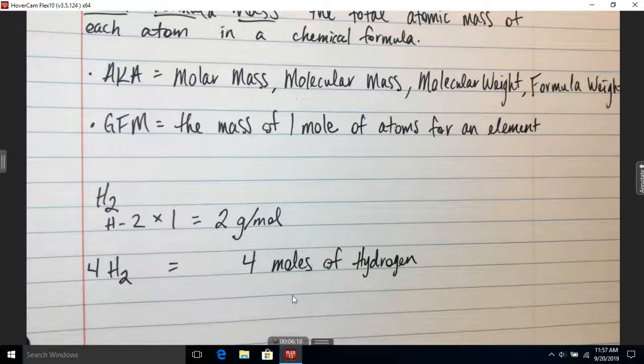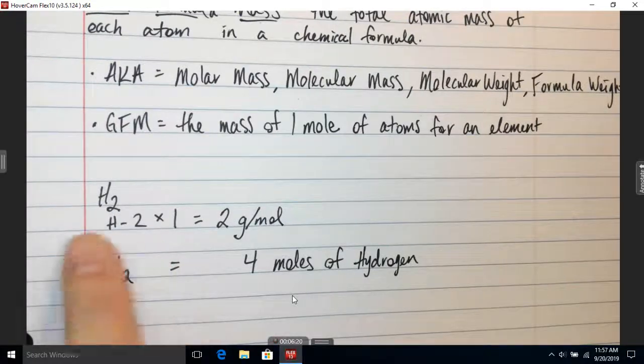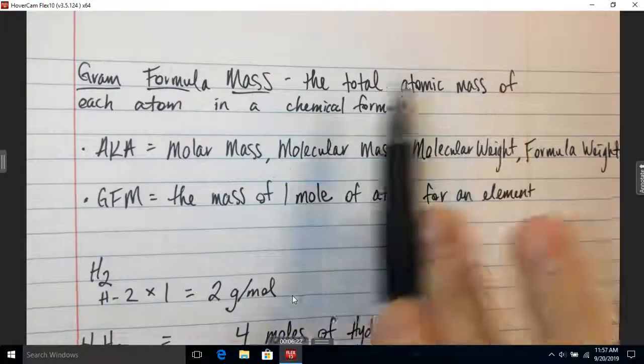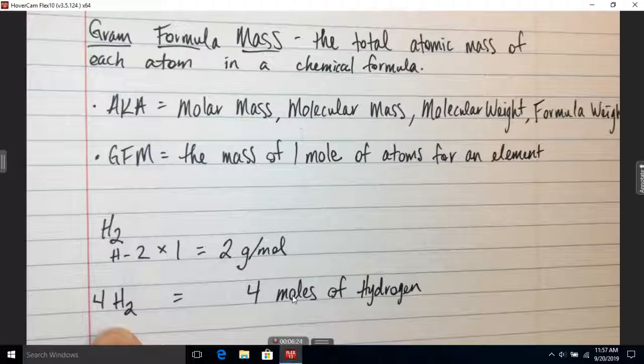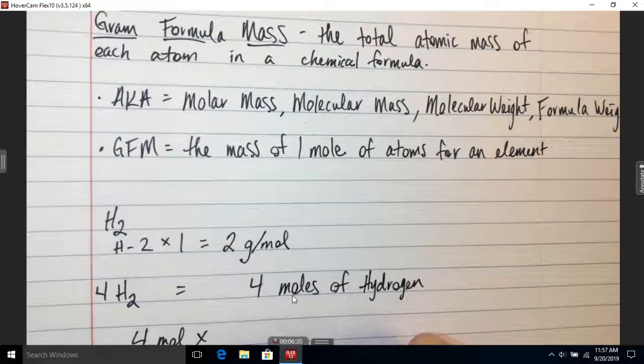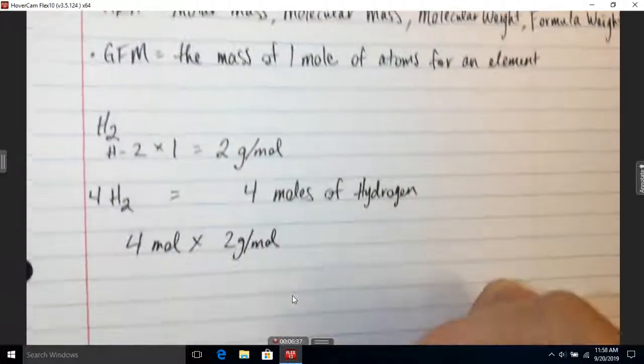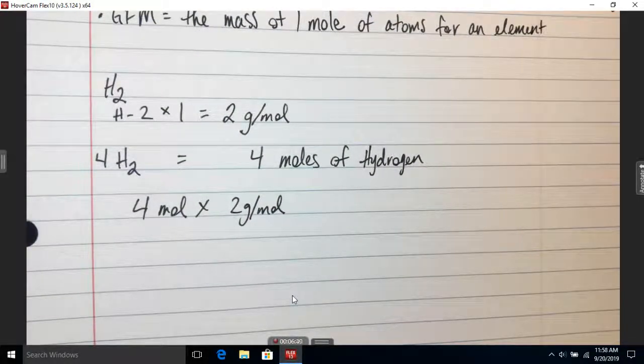So if we need to know what is the gram formula mass, the total mass for each atom in here, we would take our 4 moles times how many's in 1? 2 grams per mole. Oh, sorry. Who's lost?